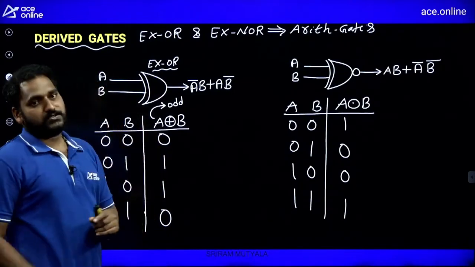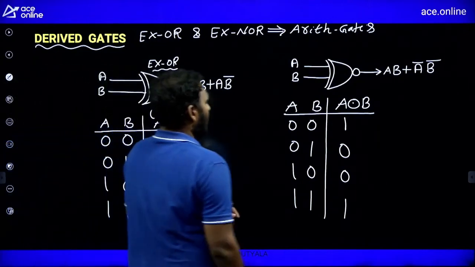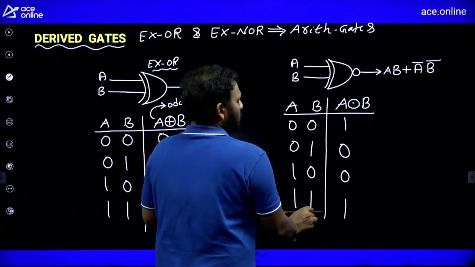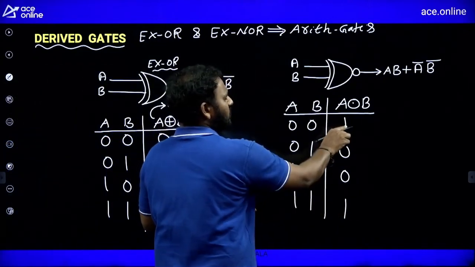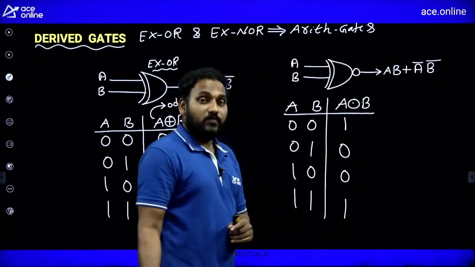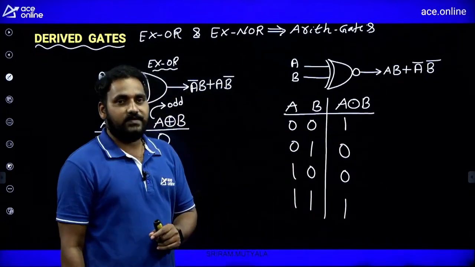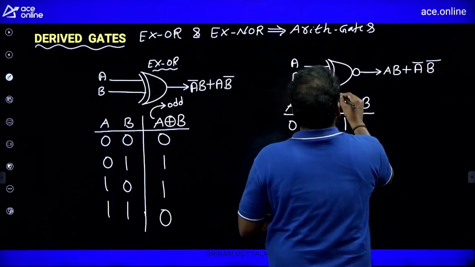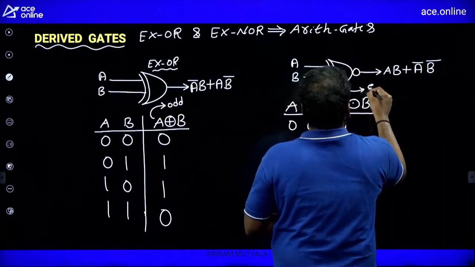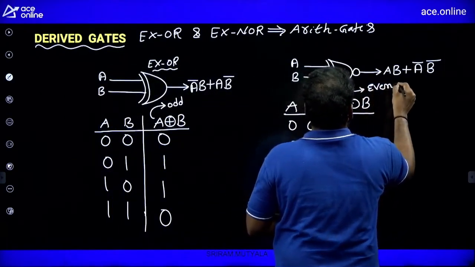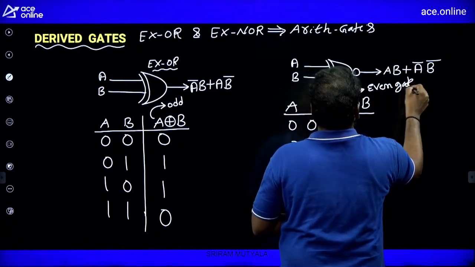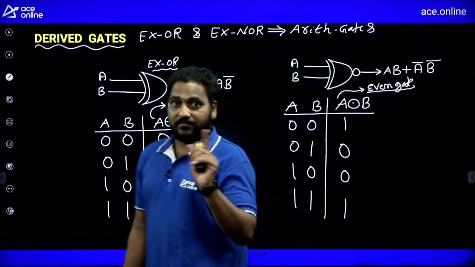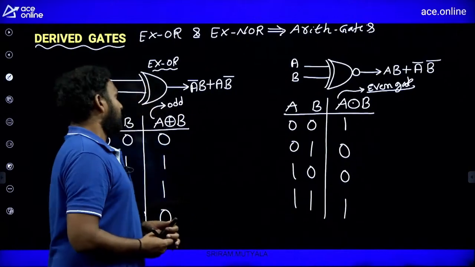For an even number of 1s, the output is 1, 2 1s, output 1. But here this is also 1, no 1s, 0 1s, and 0 is an even number. It is a coincident gate, also called an even gate, only for this case. Only for the 2 input XNOR gate, not for more than 2 inputs, right.